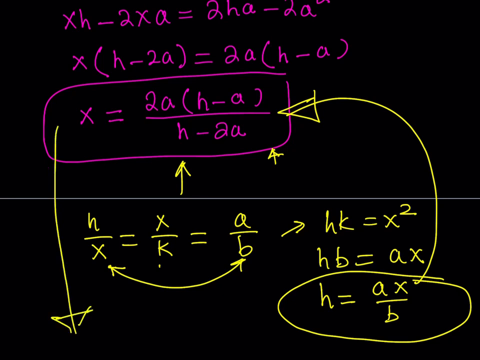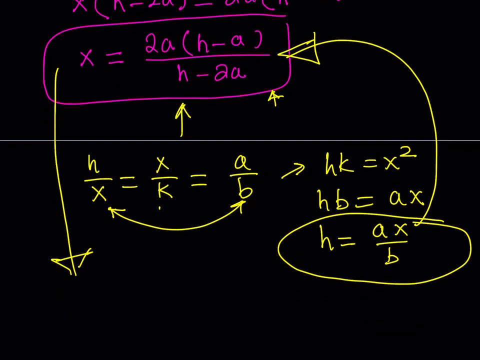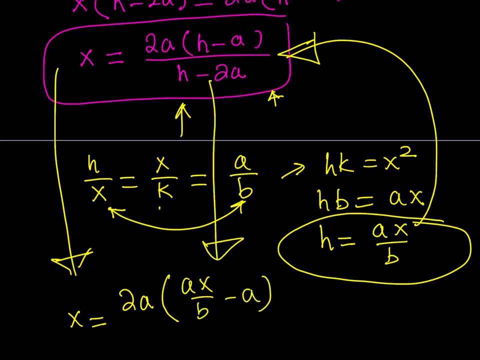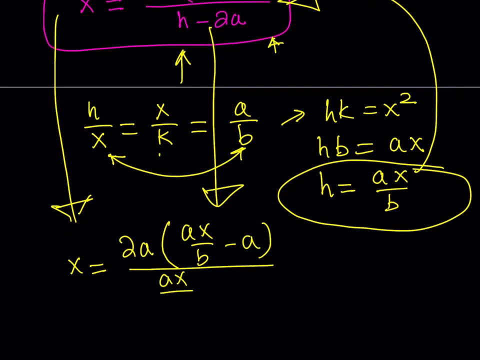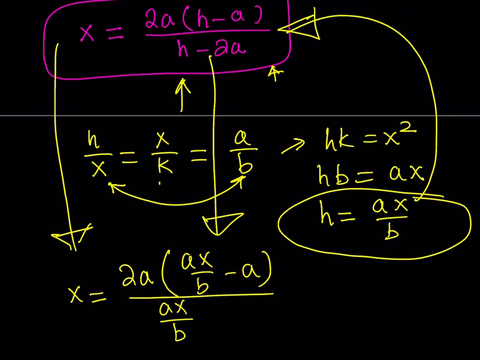It kind of sounds simple and it is not too complicated, but it involves some really nice algebra. So let's go ahead and do that. I will substitute h equals ax over b. So let me go ahead and replace h with ax over b here. And I'm coming from here, right? And at the bottom as well, of course, I'm replacing h with ax over b minus 2a.